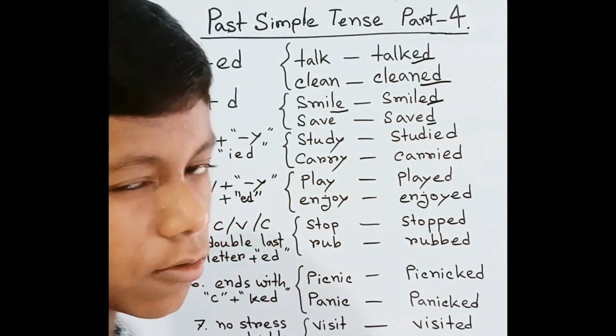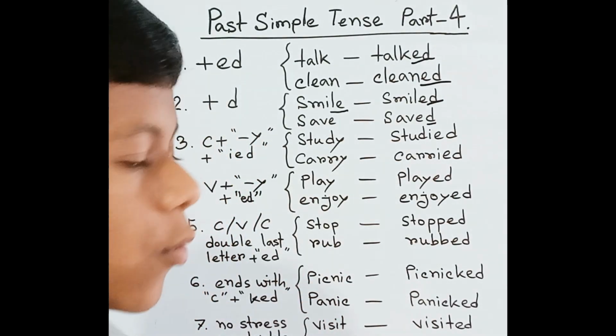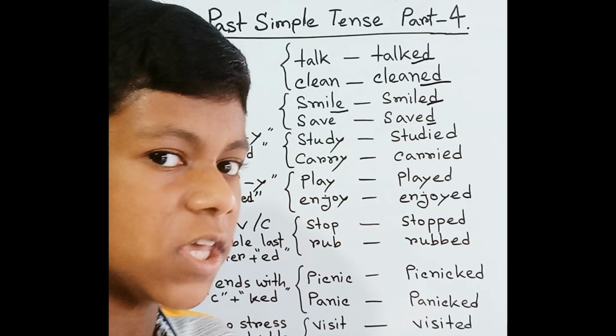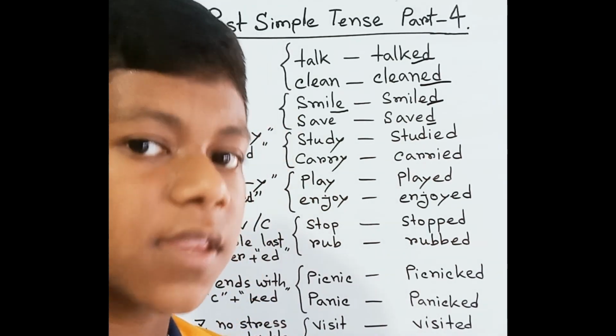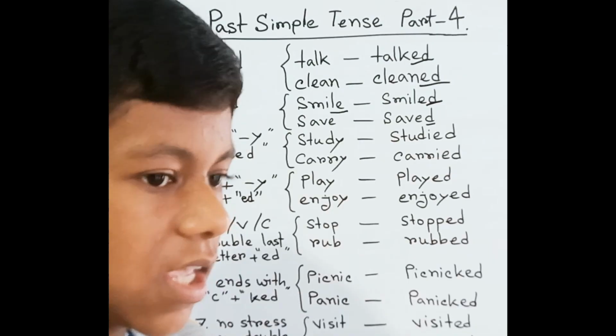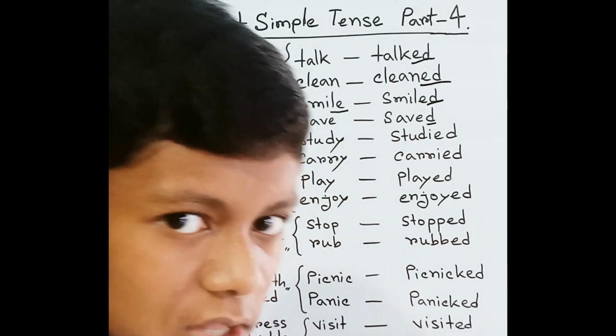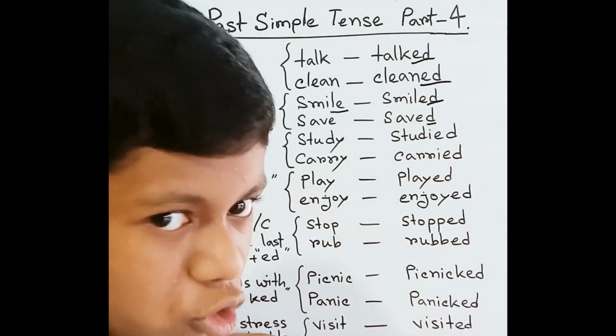So we have already understood the first 2 rules, and now focus on number 3, which some people don't understand. What does this mean? Oh my god, I can't understand. Okay, don't be curious, just watch this video and stay tuned with me.